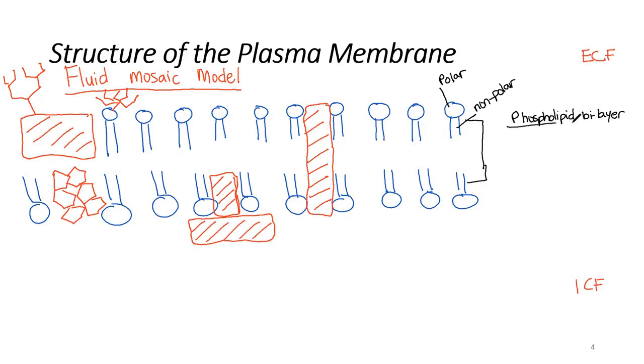The phospholipid bilayer has a couple of features. It's the main structure, so the main structures in the plasma membrane are the actual phospholipids.